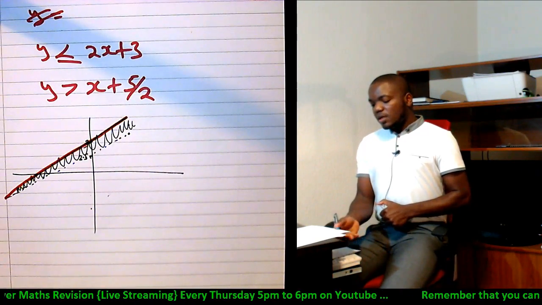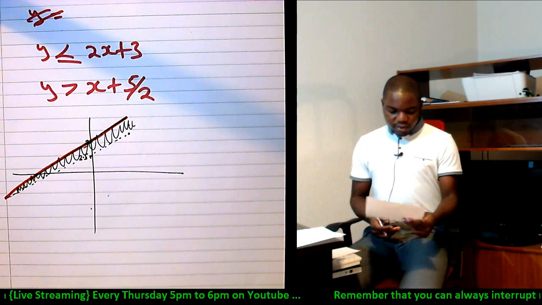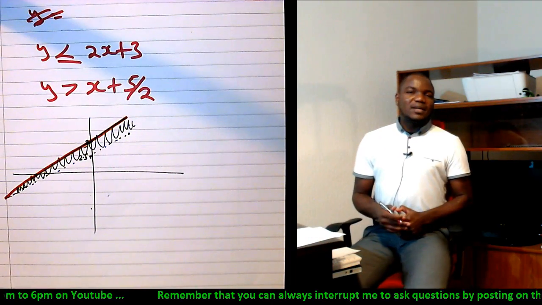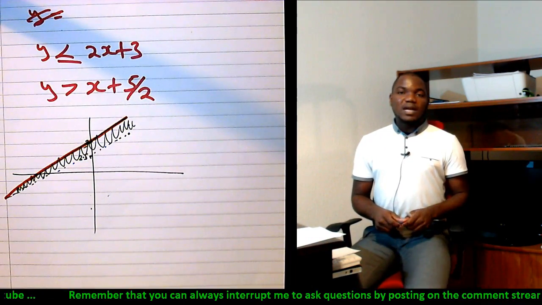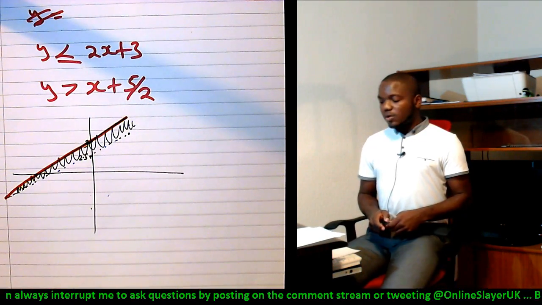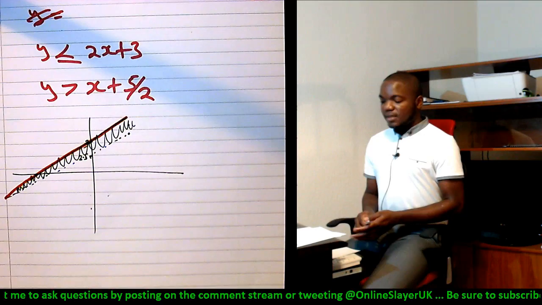So we shall discuss quadratic equations and quadratic inequalities next week, and hopefully we'll do some graph plotting as well. I'm sure that we'll be able to finish algebra very soon.